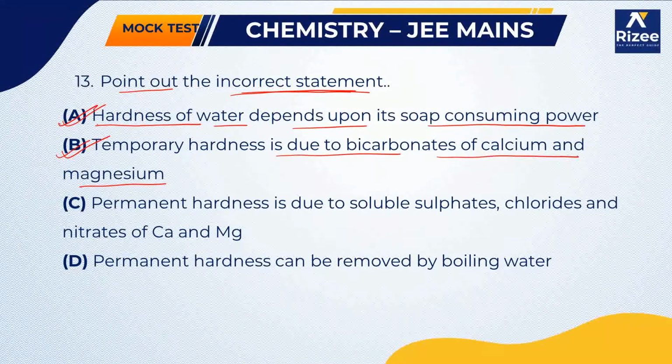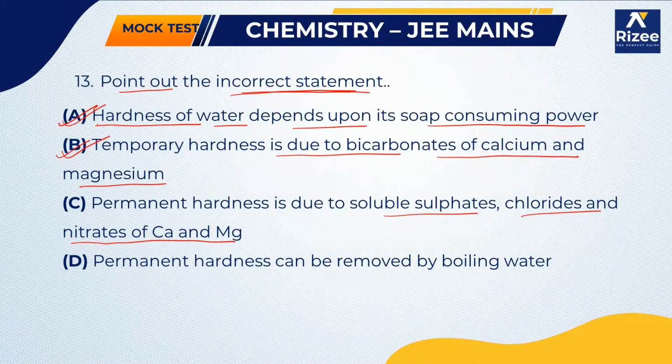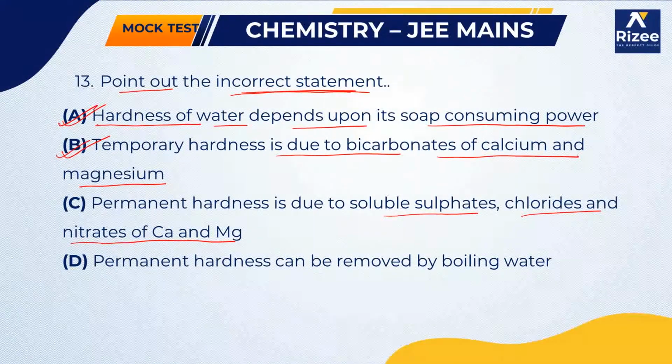Moving on to the third statement. Permanent hardness is due to soluble sulfates, chlorides and nitrates of calcium and magnesium. Yes, permanent hardness is due to the sulfates, chlorides and nitrates of calcium and magnesium. This is also our correct statement. Next, the fourth statement is permanent hardness can be removed by boiling water.